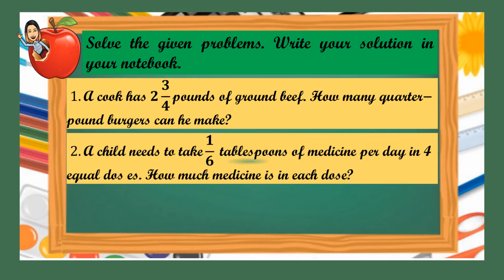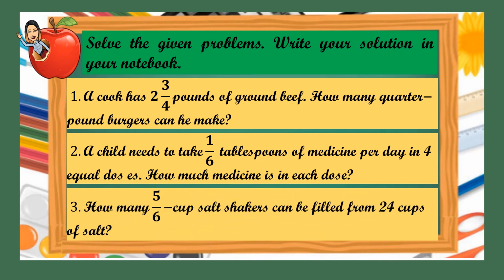Number 2. A child needs to take 1/6 tablespoons of medicine per day in 4 equal doses. How much medicine is in each dose? Number 3. How many 5/6 cup salt shakers can be filled from 24 cups of salt? I will give you 10 minutes to answer this problem.